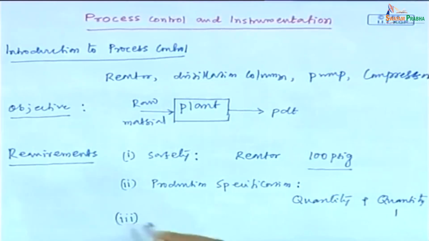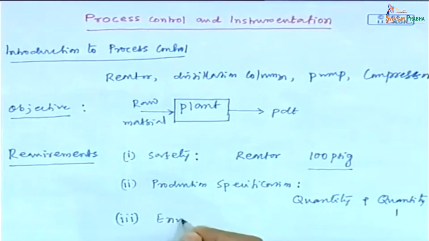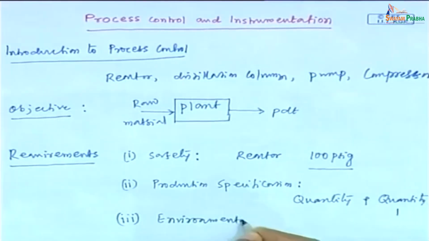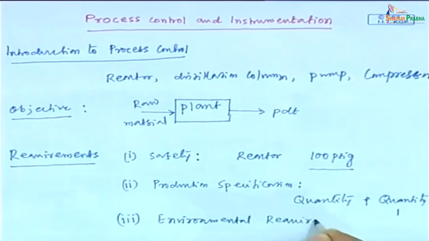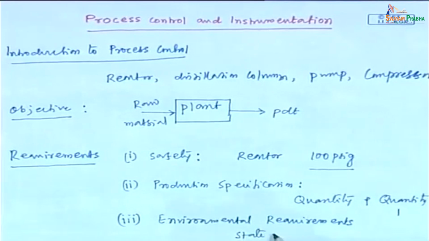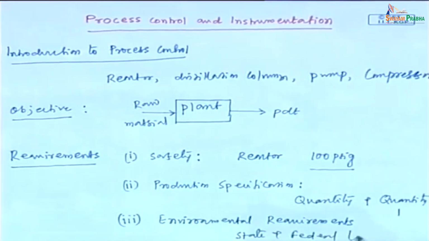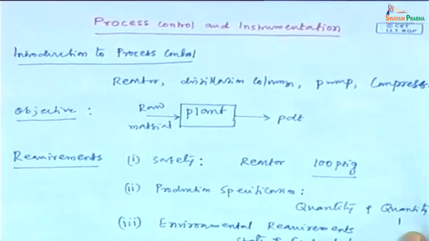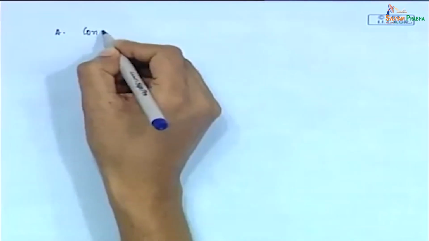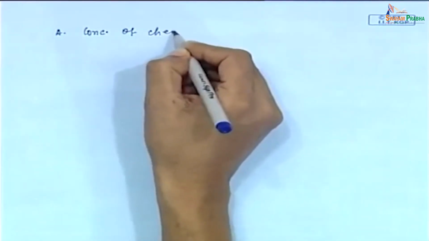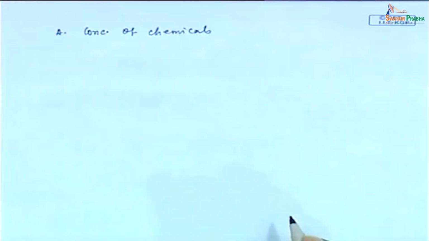Third important point is environmental requirements. There are a number of state and federal laws which enforce to maintain, say for example, the concentration of chemicals in the effluent stream.